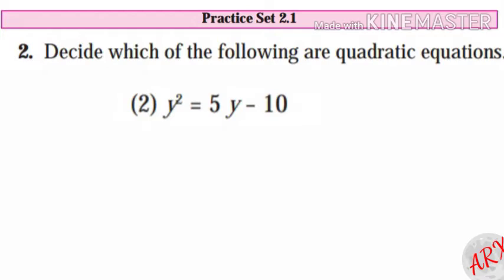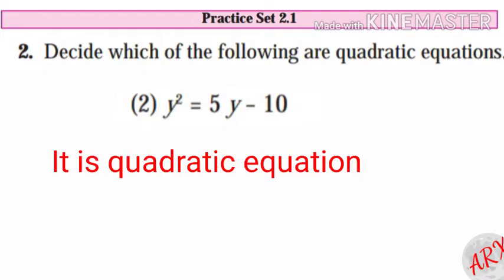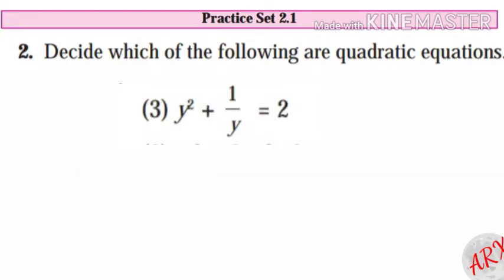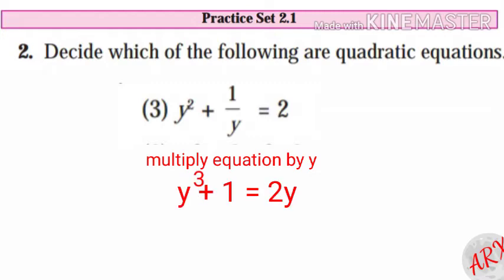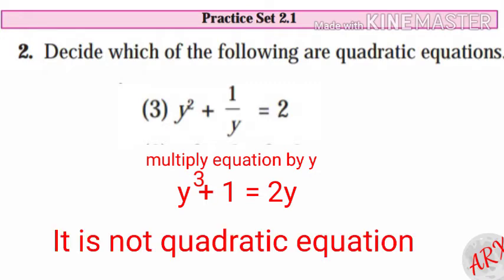Again, index of variable is 2, hence it is quadratic equation. And third, y square plus 1 upon y equal to 2. Now we will solve the equation. Multiply equation by y. So it will be y cube plus 1 equal to 2y. So the index of the variable is 3. Hence it is not quadratic equation.